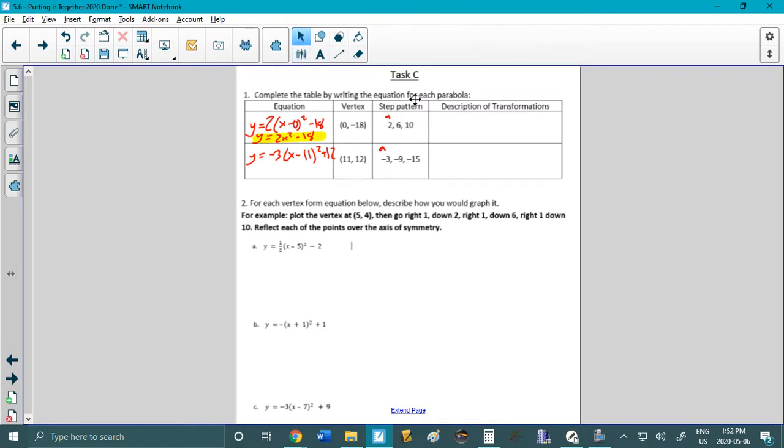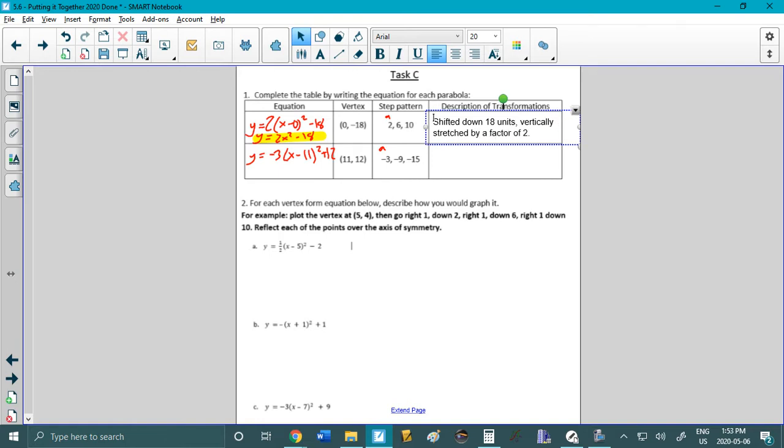And that's the preferred answer, because x minus 0 is just x. And the descriptions of the transformations. So here we can say shifted down 18 units and vertically stretched by a factor of 2. Let me steal this just for the font size.